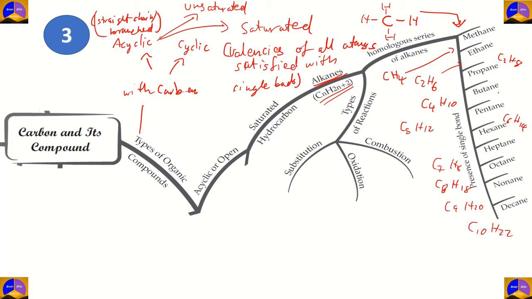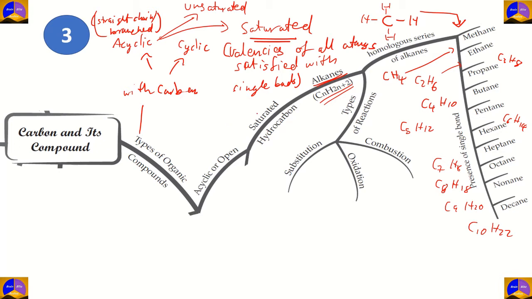So this is a small portion of the homologous series of alkanes. You can add more carbon atoms to form more alkanes. The important thing to note is that alkanes are saturated, which means only single bonds are present between any atoms. That is the basic idea when it comes to saturated compounds.